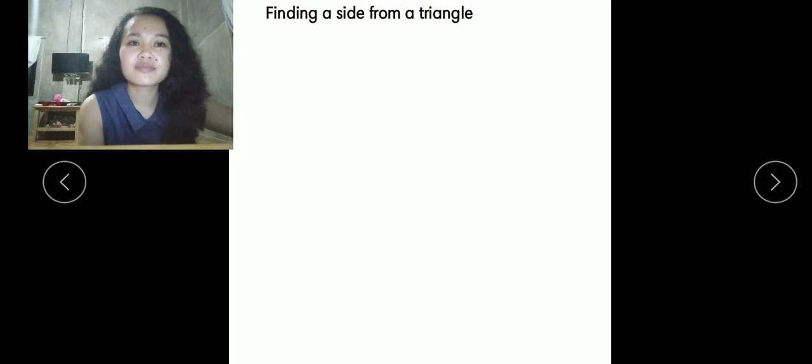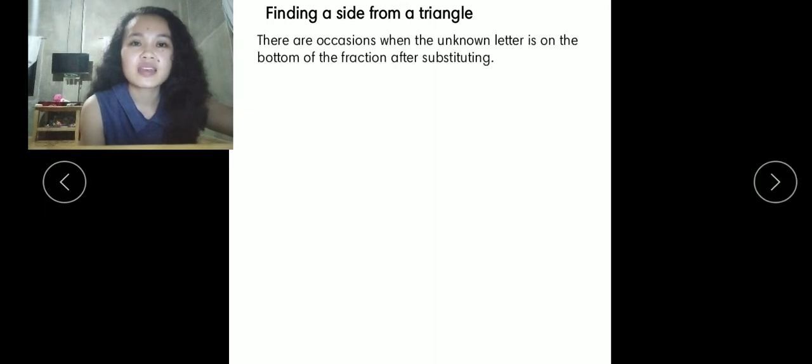Find a side from a triangle. There are occasions when the unknown letter is on the bottom of the fraction after substituting. So example, cos 45 equals 13 over u. So this unknown side is in the bottom.